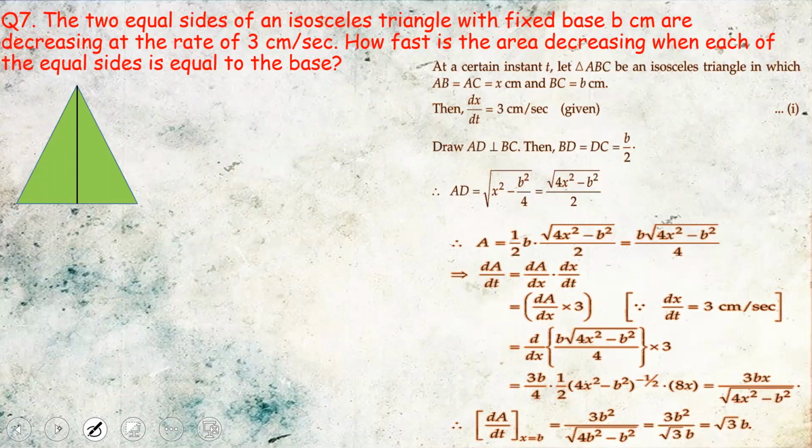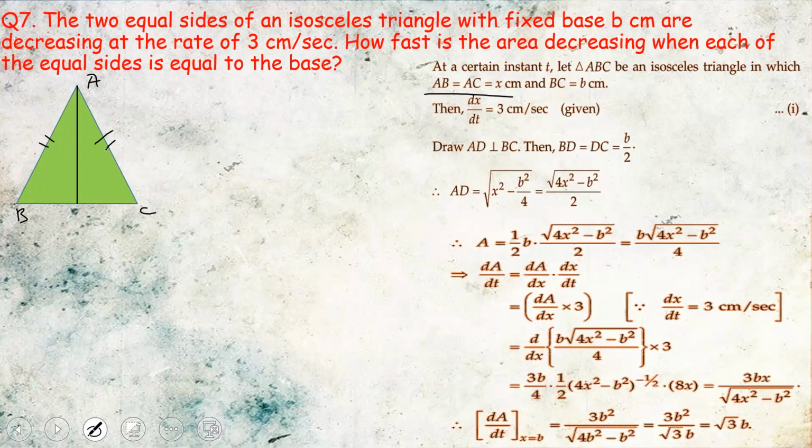So here a triangle is given, that is A, B, C, where it is given that AB and AC both are equal.